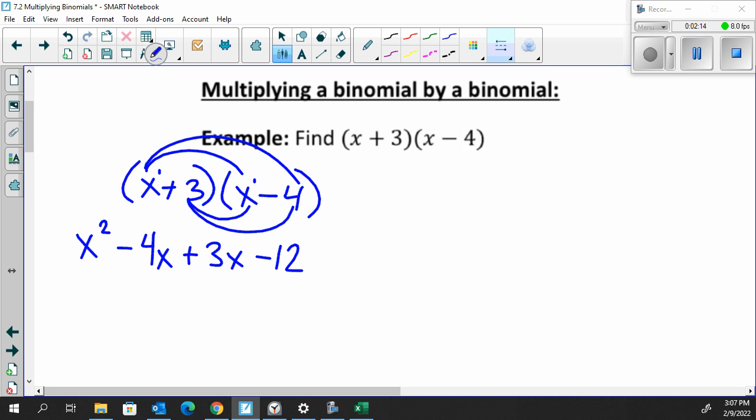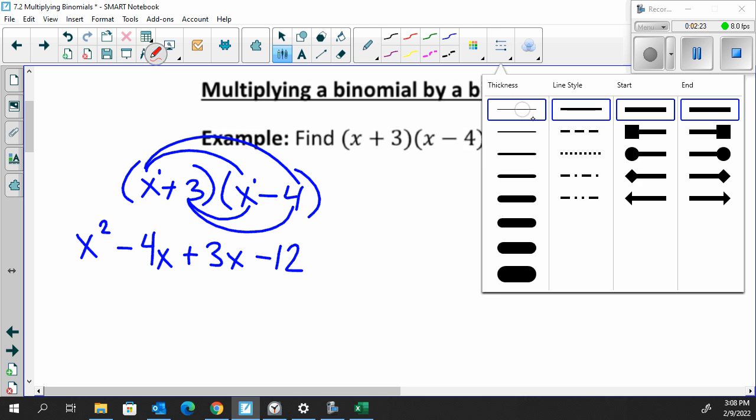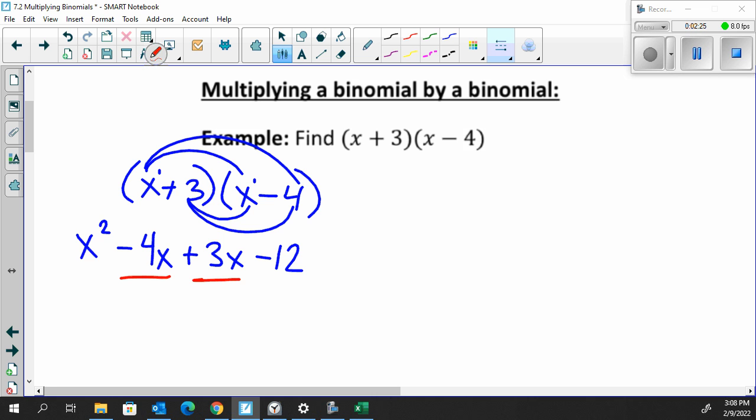But I can do some stuff with what I have here. What do you think I might be able to do? Yeah. I can combine some stuff. I've got some x's that I can put together. How come I can't put x squared in with those things? Yeah, it's x squared. It's not x. They can't go together. But I can put negative 4x and 3x together. So it's just negative 4 plus 3. What's negative 4 plus 3?